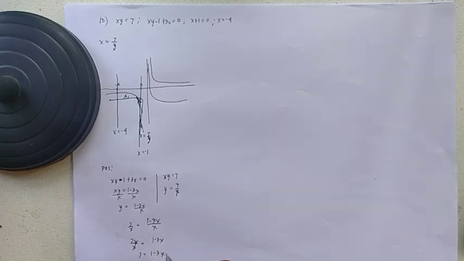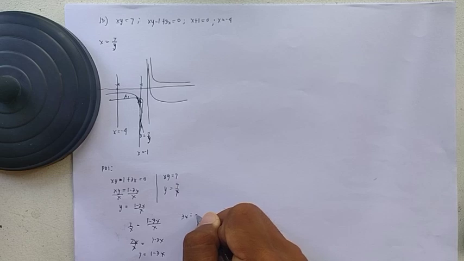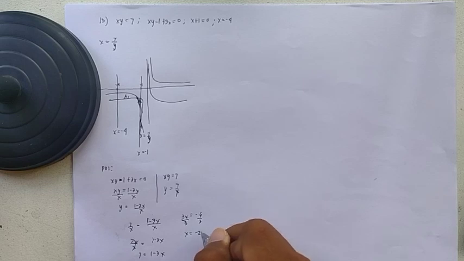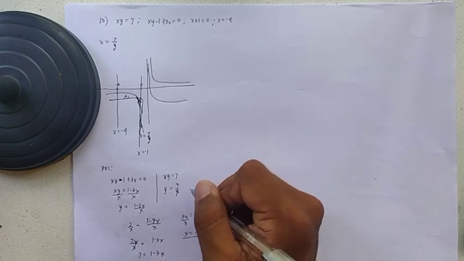So, kunin natin yung value ng x dito, magiging 3x equals to negative 6. Divide both sides of the equation by 3, then the value of x equals to negative 2. So, kung may value na tayo ng x, substitute na lang natin dito para ma-determine yung value ng y.